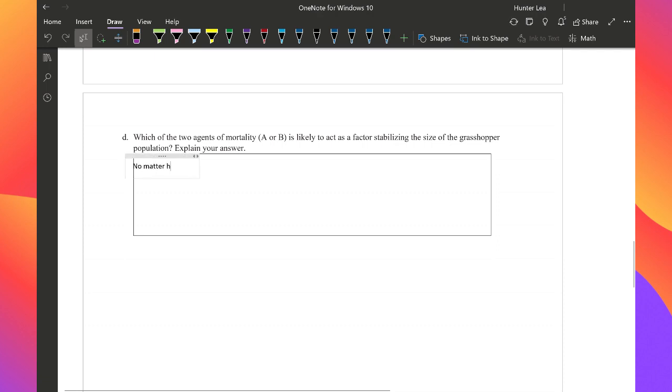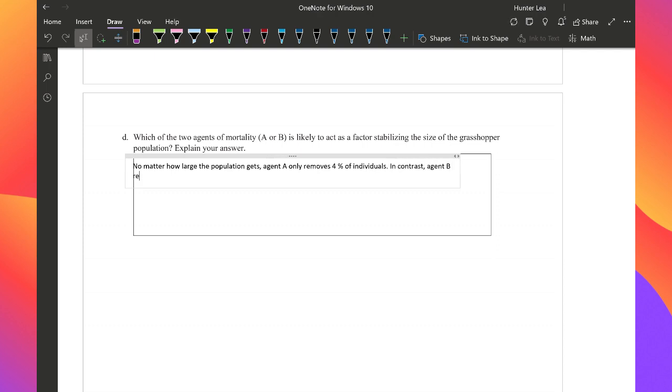So no matter how large the population gets, Agent A only removes 4% of individuals. In contrast, Agent B removes an increasing percentage of the grasshoppers as population size increases.